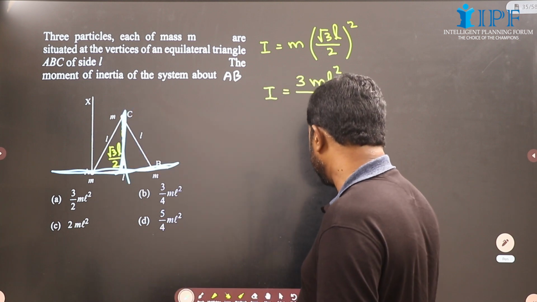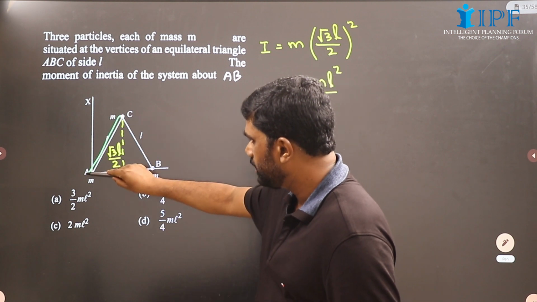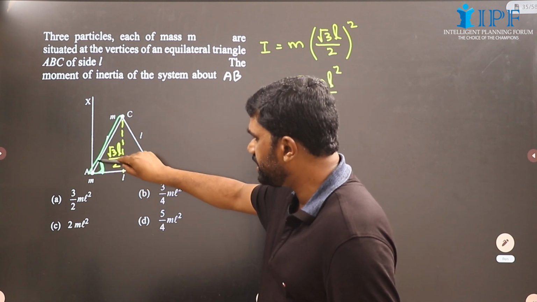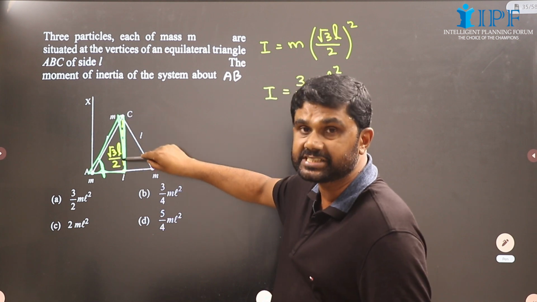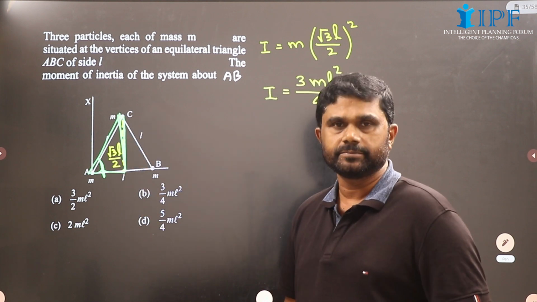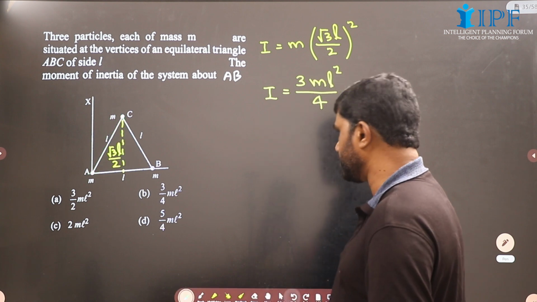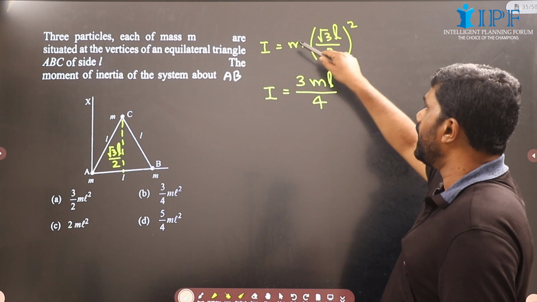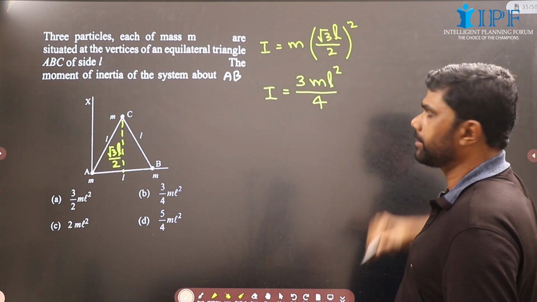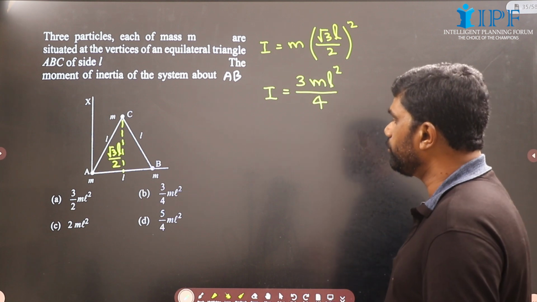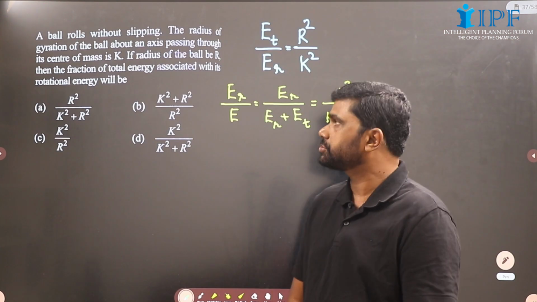This is L and this angle is 60 degree, so the distance will be L sin 60, and it is L root 3 by 2. So mass is m and the perpendicular distance is root 3 L by 2, whole square. So it will be 3 by 4 m L square. Now let's see the next question.